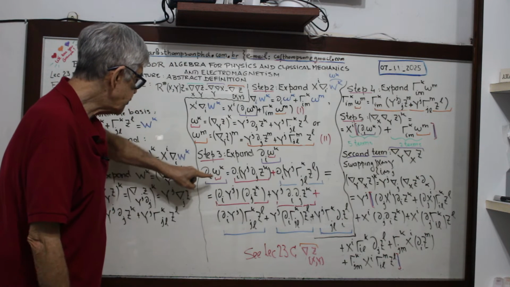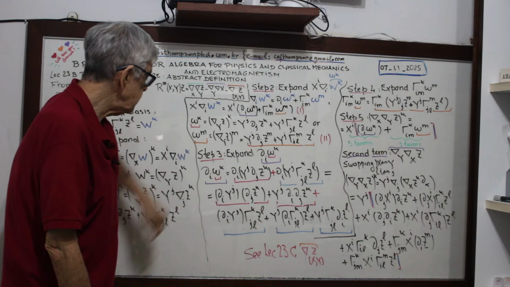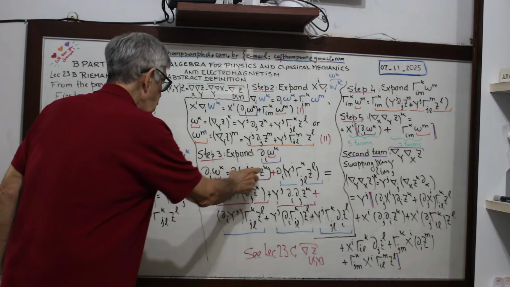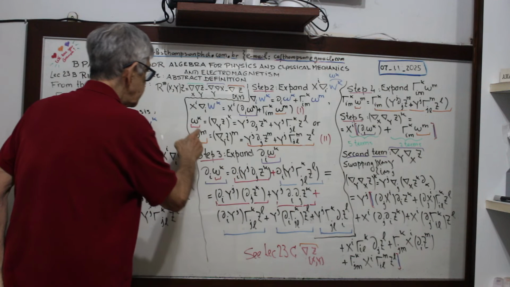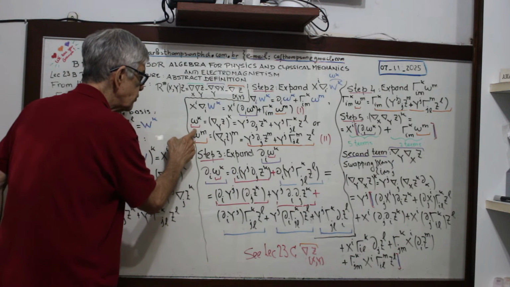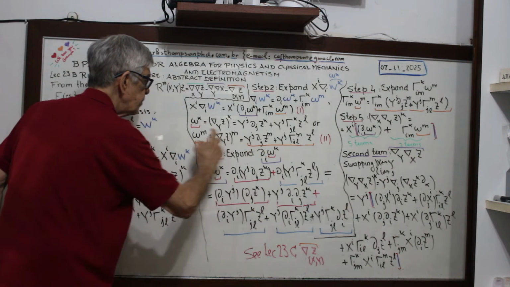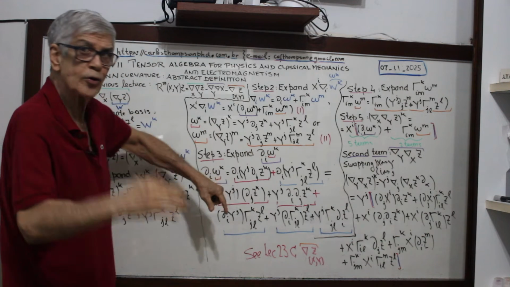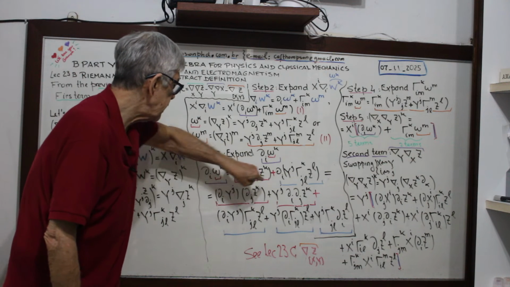Here I just substitute omega k. Omega k is exactly what I wrote before, the red one. You see here and here, so I just follow the color. So this here I expand.